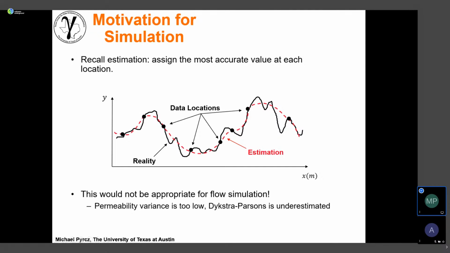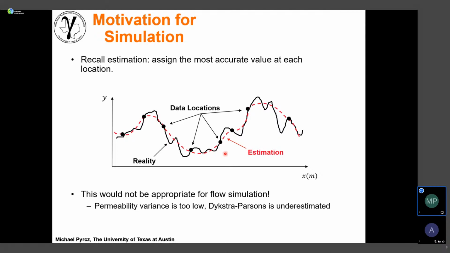Now, the red dashed line would be a good representation of an estimation approach. That is trying to get, at each location between the data, the very best, the very most likely value. That's the goal of estimation, local accuracy. Now, permeability variance, or whatever you measure, the variance will be too low.